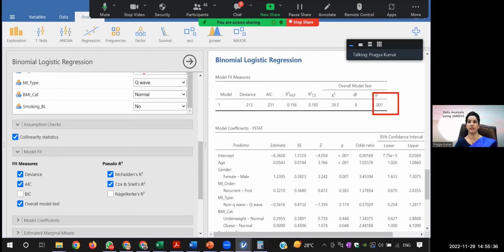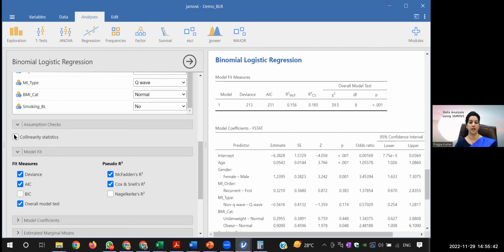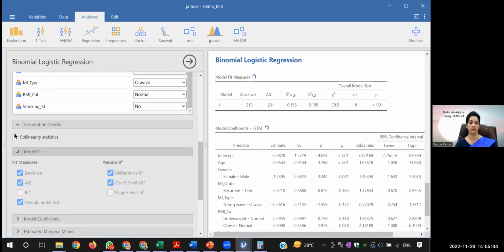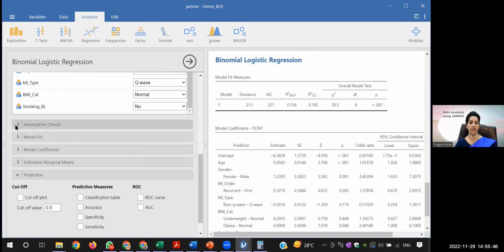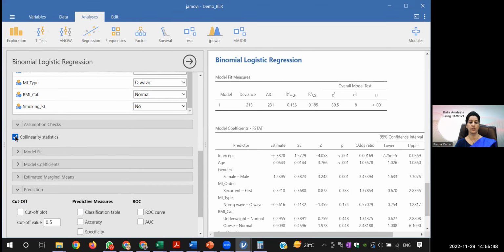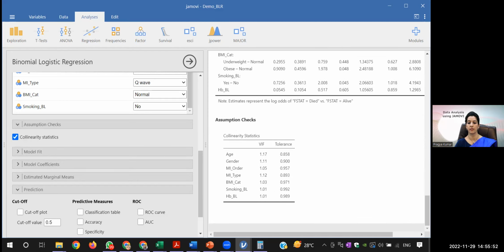Priya is writing, please repeat this step. This is the collinearity statistics. I will uncheck this again. You click on assumption check, and that is collinearity statistics. If you click this, you will get the value of VIF and tolerance. VIF and tolerance are opposite to each other.